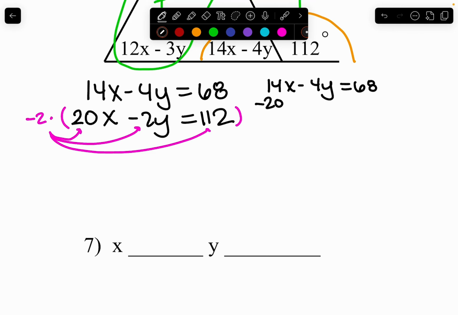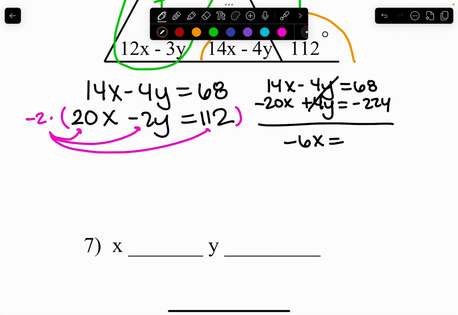I have negative 40x plus 4y equals 112 times negative 2 is negative 224. Those cancel. This will get me negative 6x equals negative 156. Divide that by negative 6, and I get that x is 26.